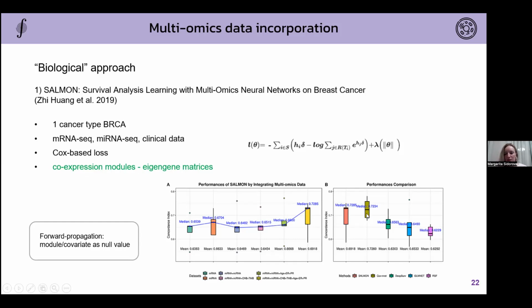So the difference between these two is just some architectural differences, but all of them use co-expression modules, while random survival forest, for example, did not use these co-expression modules, and it has much lower predictive power. And also they showed that if we include all the multi-omics data, we can have better prediction results.